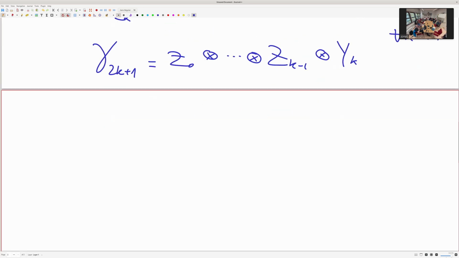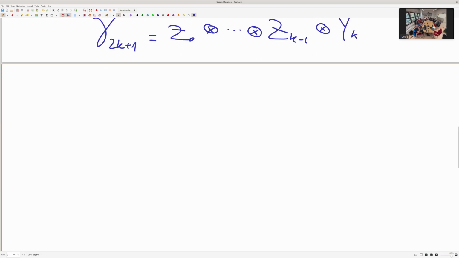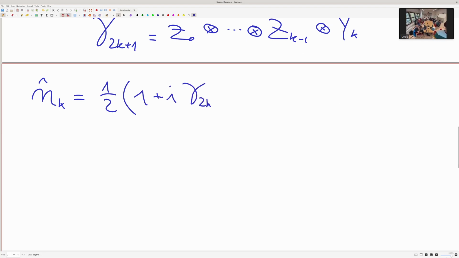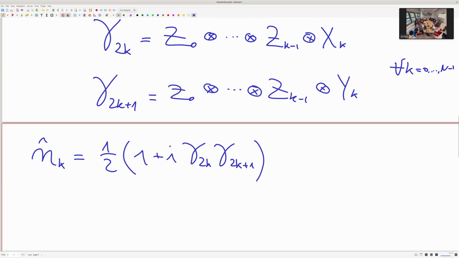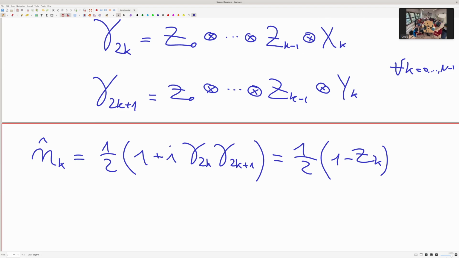And one thing which we talked about the other time was that one can introduce these n operators, occupation number operators, which we defined last time in this way. And one can ask, what do these look like in this case? One just needs to take the product of these two things, and you will see that what you get is related to the Pauli Z operator.